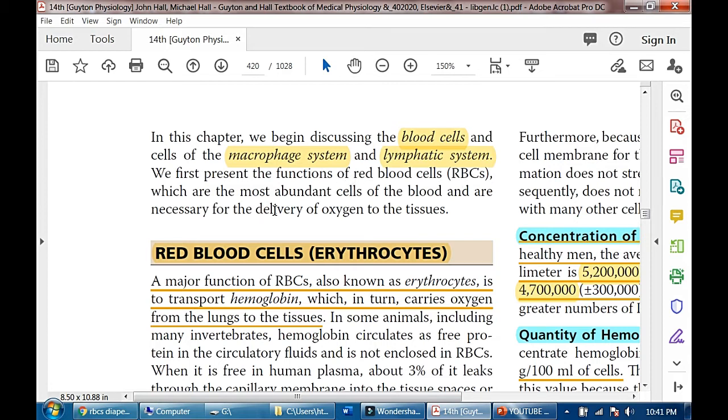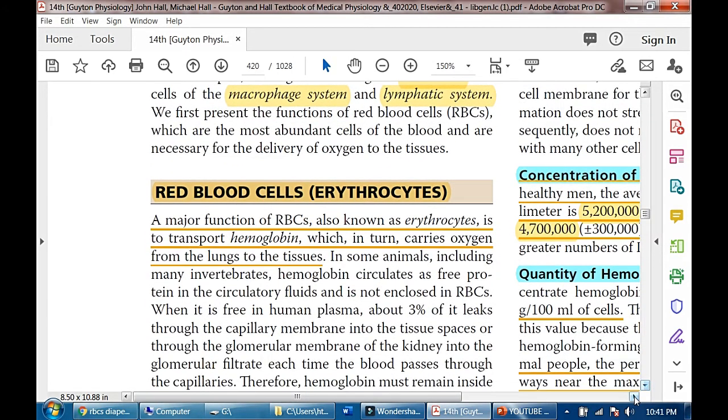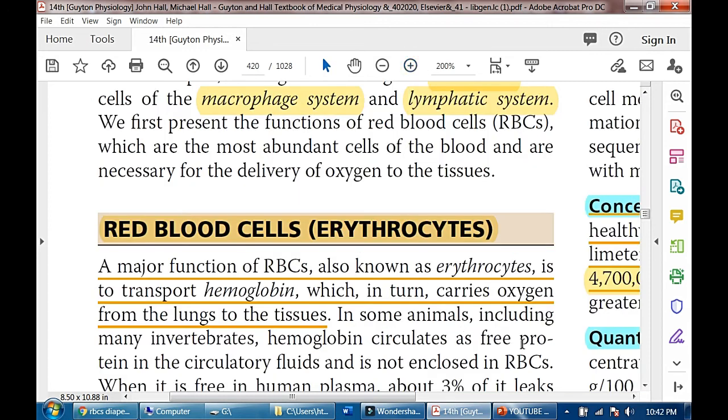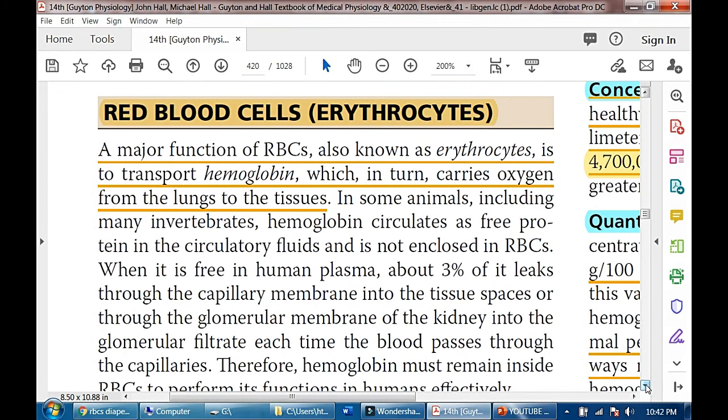Basically, this chapter 33 consists of discussion about the red blood cells, macrophage system and lymphatic cells. So the first part consists of red blood cells.